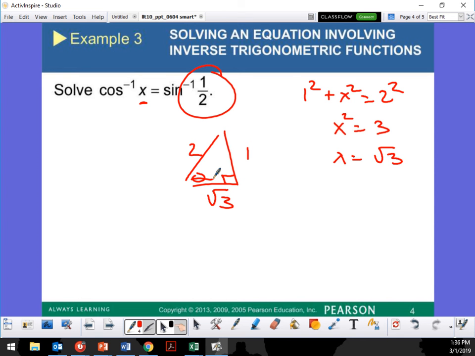I believe that one's going to be at positive pi over 6 or 30 degrees, 60 degrees. So cosine. I know there's a way to do it on the calculator, and it's so much quicker and so much easier.